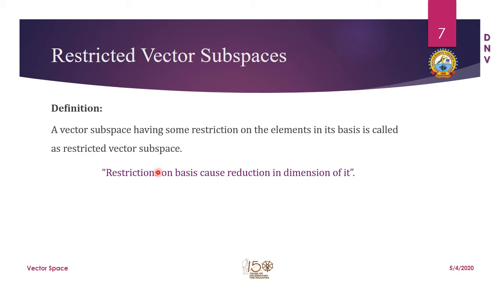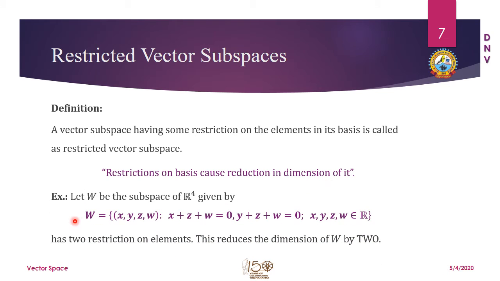As I said, all the restrictions which we impose on the elements and their components are always responsible for the reduction in the dimension of a vector space itself. Now let us see this example. We are considering the subspace of R4, where any element lying in R4 will have 4 components.